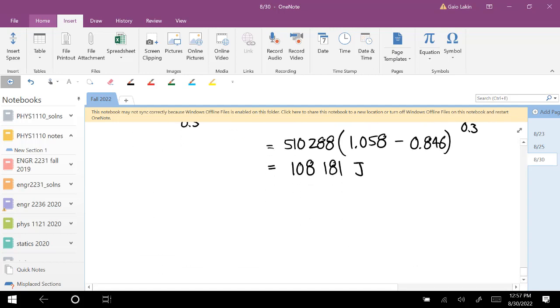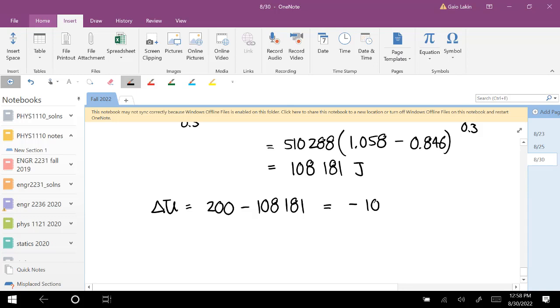Yep, and so the change in internal energy is equal to, it says 200 joules of heat is added to the system, so we have 200 minus 108,181, and so we get about negative 107,981 joules.